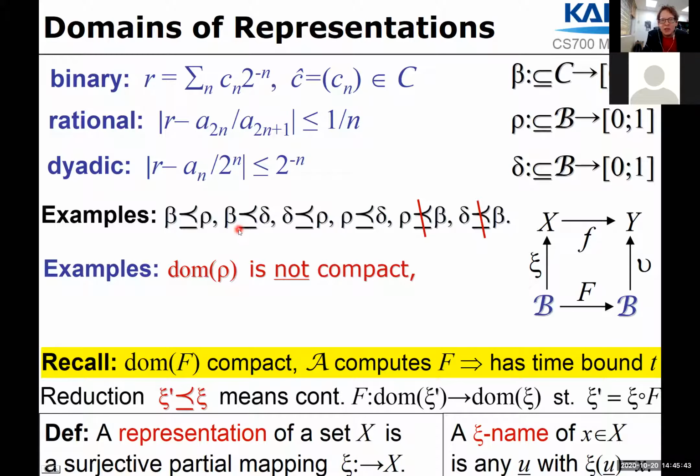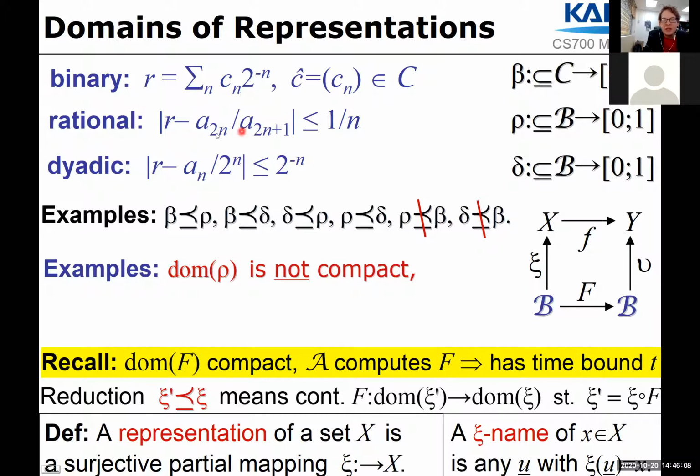To illustrate that, observe that we can change the name of just a single real number. Let's fix any real number, let's say 1, and create many names of that real number by artificially multiplying both numerator and denominator with some arbitrary natural number.